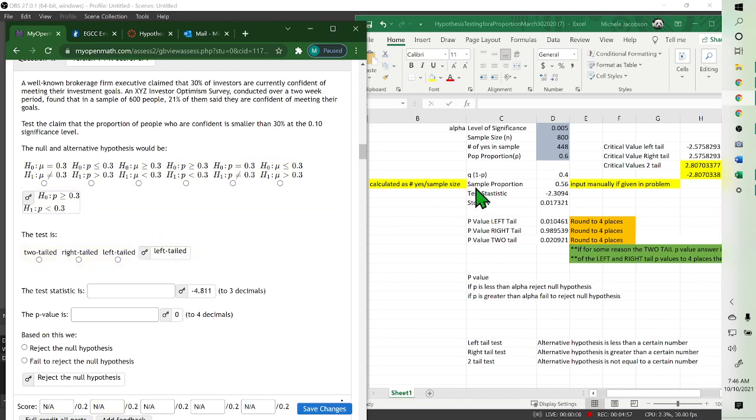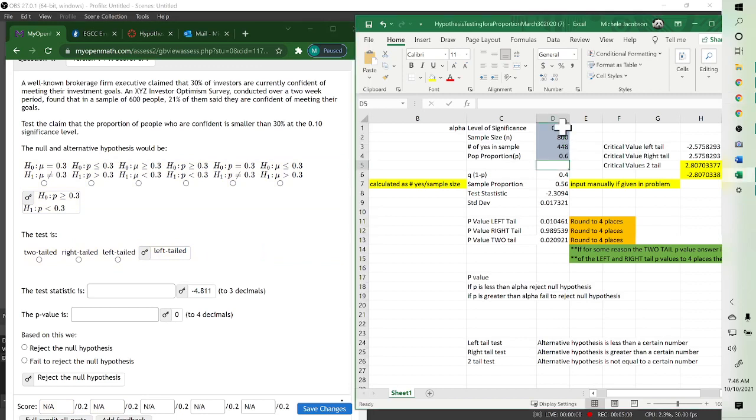And we'll re-enter our values. We wanted to test significance level right here, 0.1. And then sample size, they did a sample of 2 weeks, 600 people. 21% of them said they were confident, so 21% of 600.